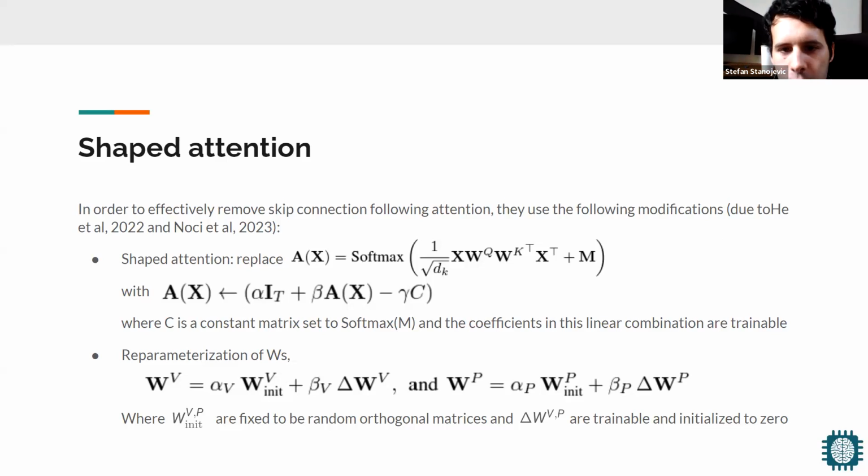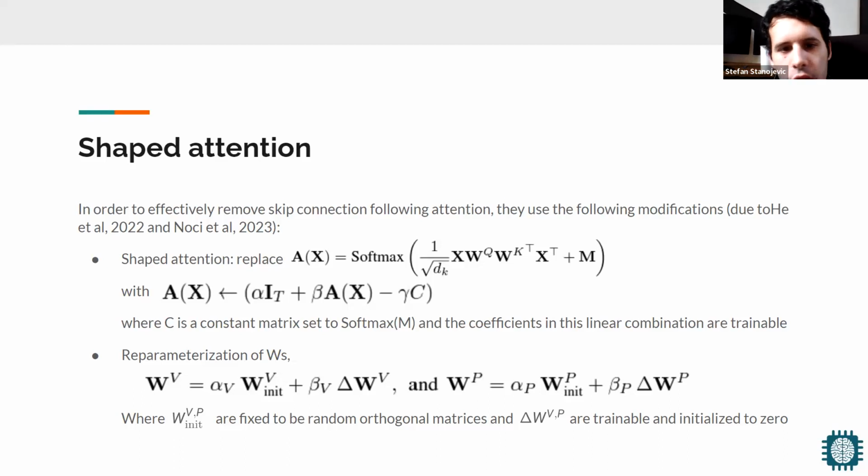So mask M will make sure that attention only looks at things that are in the past and not things that are in the future, in this kind of autoregressive model that's predicting the next token. Okay, so that's what we have here. It's just a product of Q and K, basically. And now what shaped attention does is it adds two modifications to this.